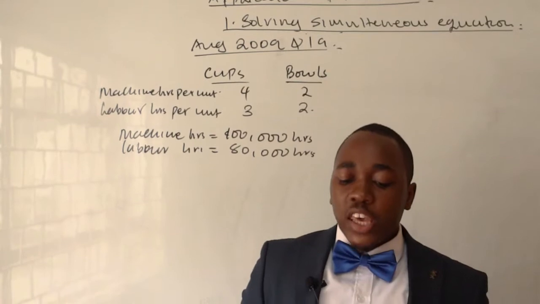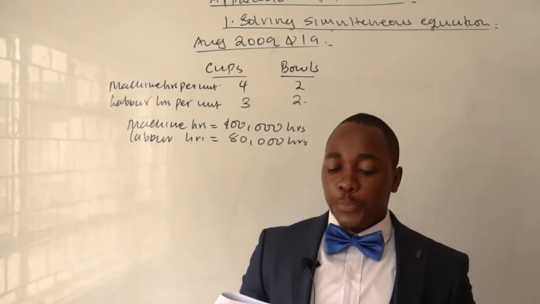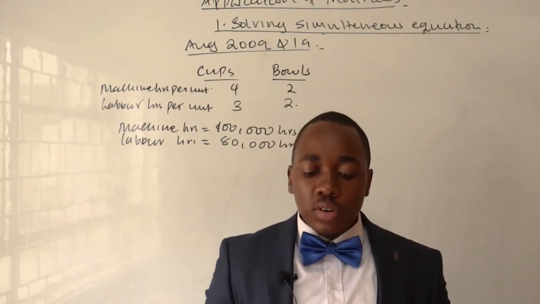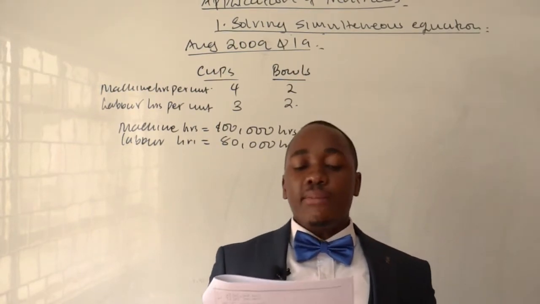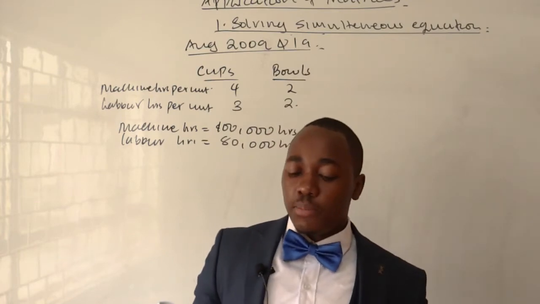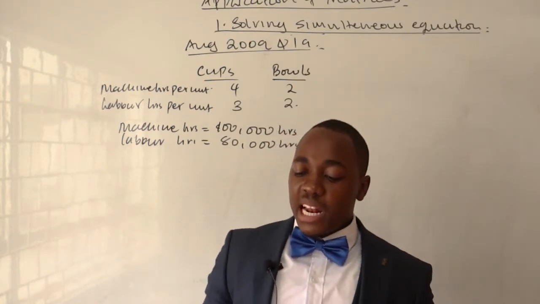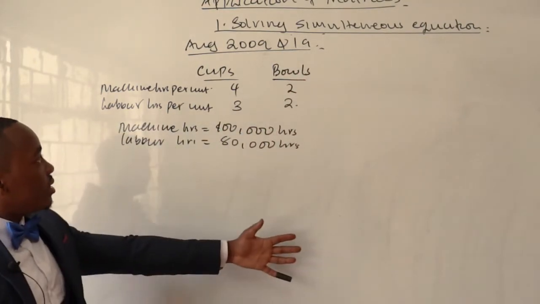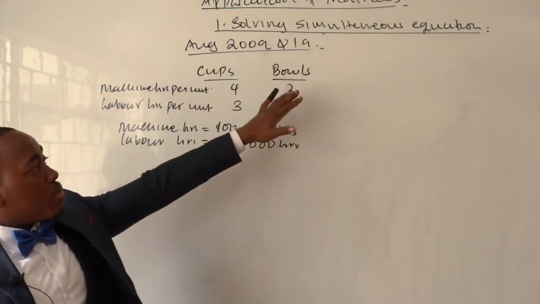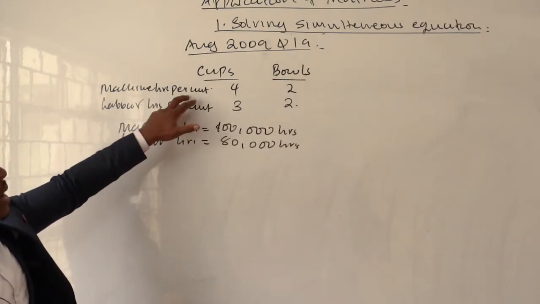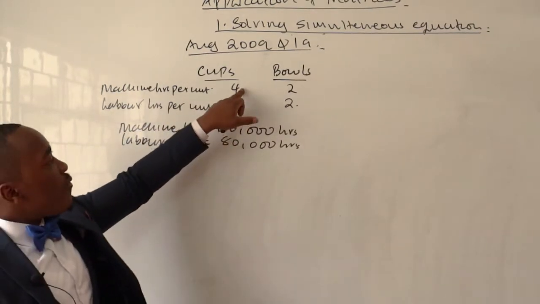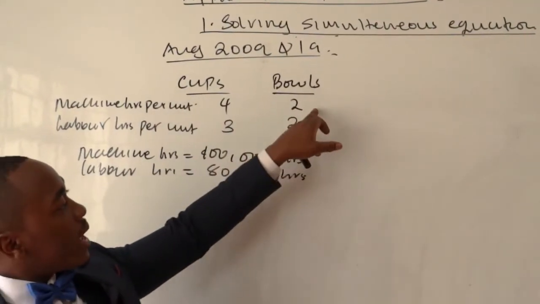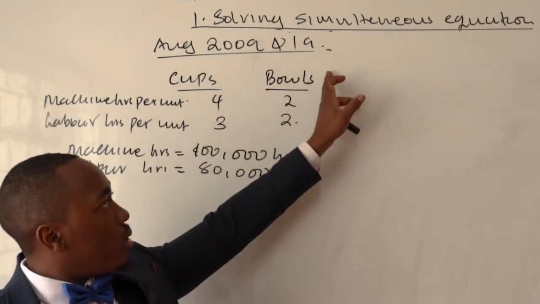Then required: using the matrix algebra method, find the optimal number of cups and bowls that should be produced by Utensil Limited. Now, this means that for machine hours per unit, we require 4 machine hours to make 1 cup, and 2 machine hours to make a bowl.